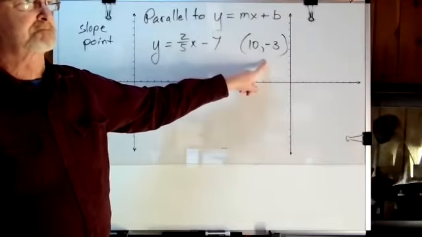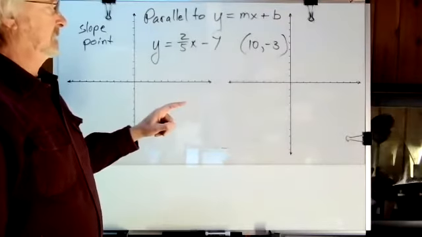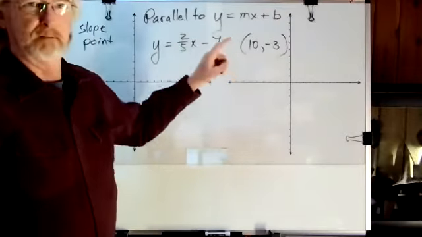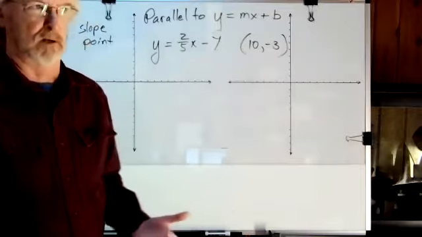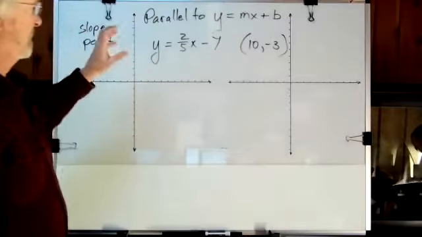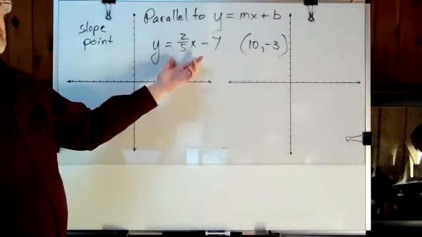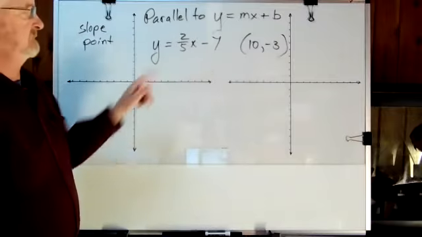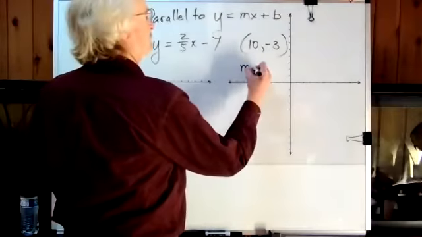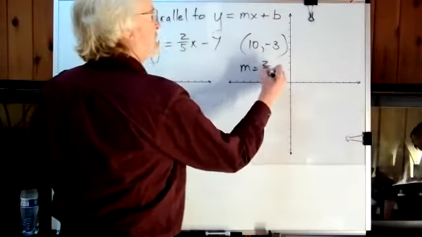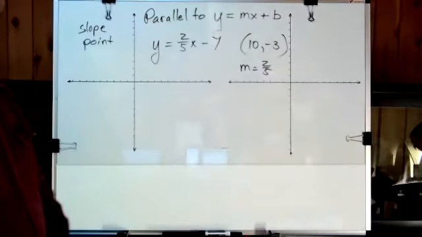Okay. Parallel means it has to have the same slope. So I can see from this equation what the slope of this line is, 2/5. So that is the slope I'm going to use now for my new equation.